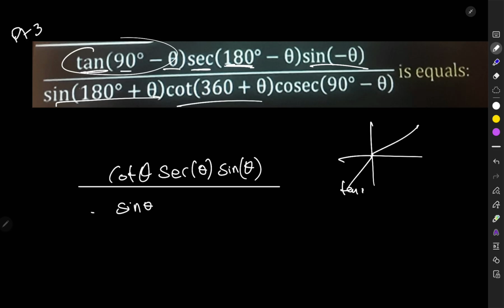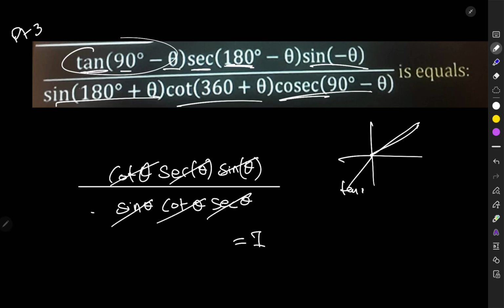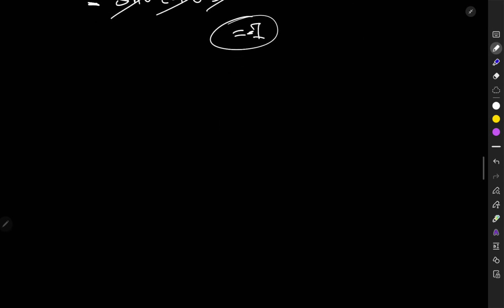It will lie in the first quadrant, so cot theta will be positive, right? Cosec 90 minus theta will again lie in the first quadrant, so it will become sec theta. So sec will get cancelled, sine will get cancelled, cot will get cancelled. Finally we will remain with minus 1. Here minus is there, so minus 1 will be the answer. Fine.